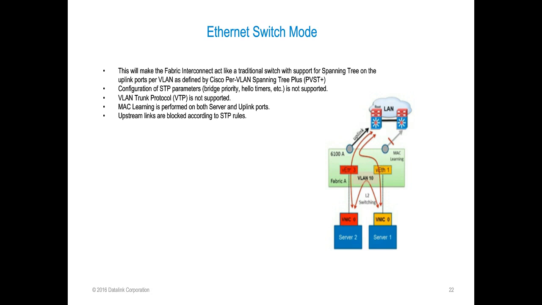MAC learning is actually going to be performed on the server and the uplink ports, whereas in end-host mode it only performed MAC learning on just the server, which is why you don't see the entire network going upstream. And, of course, upstream links are blocked according to the spanning tree rules.